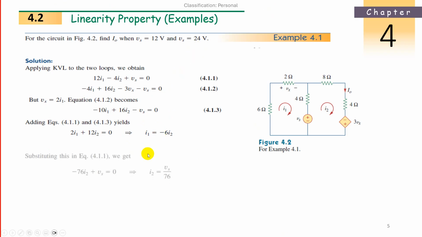Now what do we have to do? Next step, substitute in the above equations, any one of them, first or third, up to you. Substitute in the first equation: what is I1? Minus 6 I2, I am substituting here.